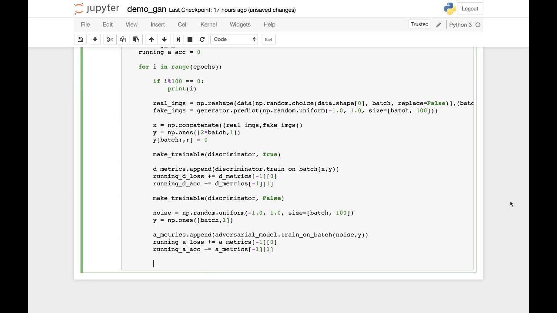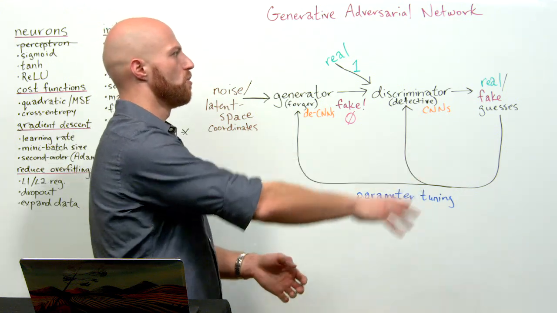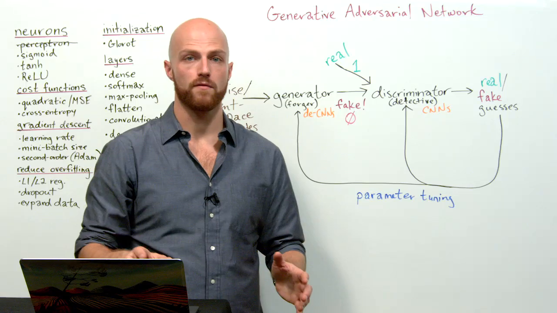So that's kind of the main part. The last thing that we want to do so that we can watch our adversarial network train over time, all of the steps that we've already taken would be sufficient on their own for training the generative adversarial network, but we want to have a bit of fun.